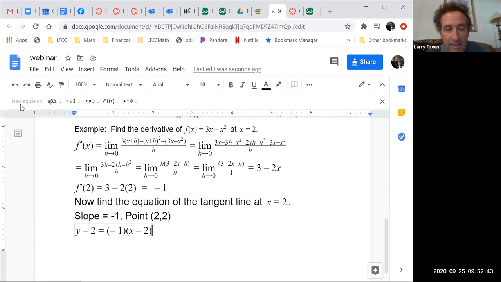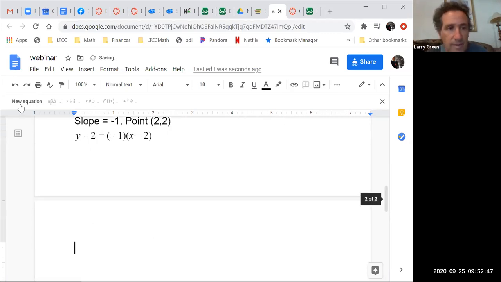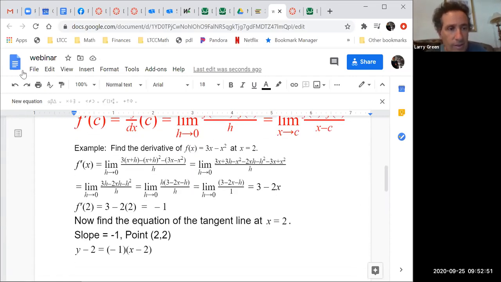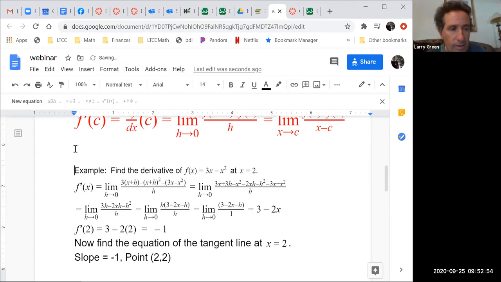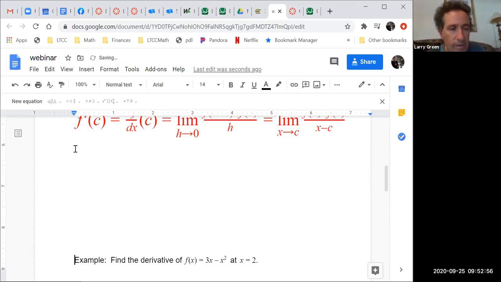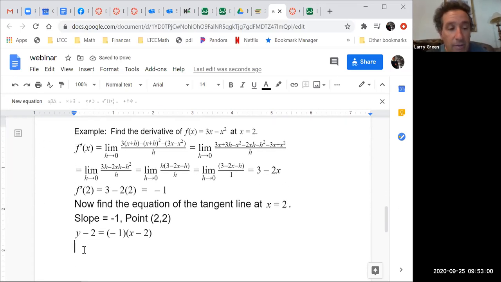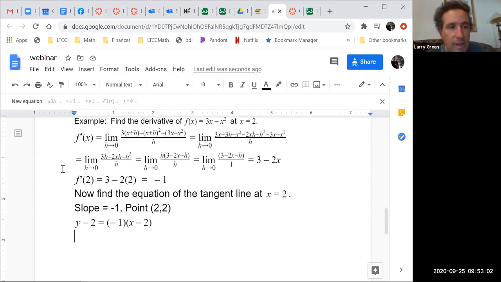And then typically you simplify it a bit. And we can rewrite this as y equals -x, and then we're going to have a +4.